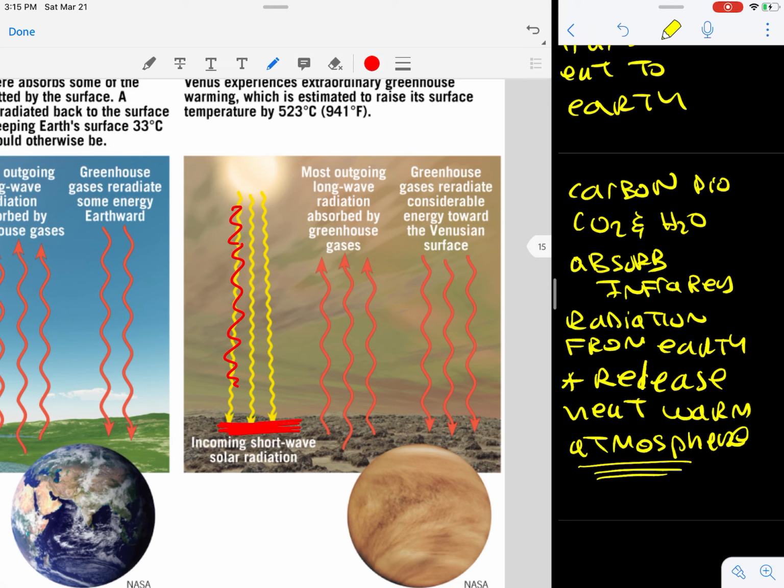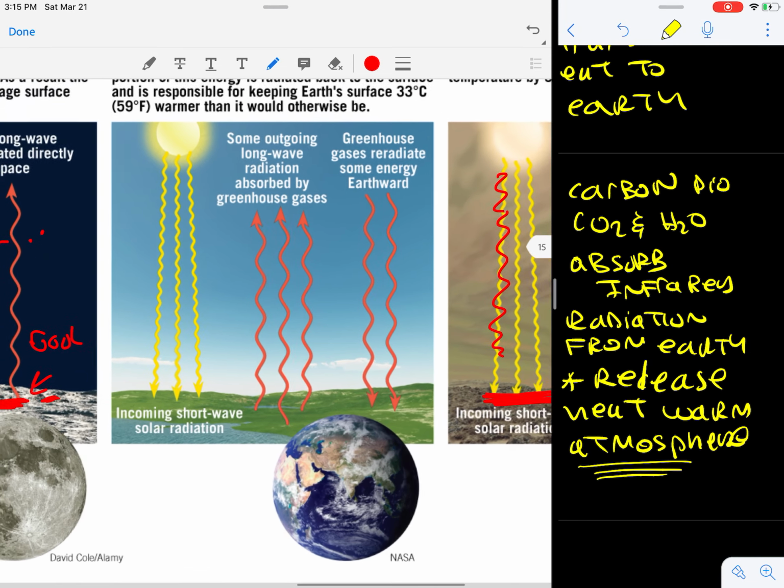But Venus's atmosphere is 97% carbon dioxide. So once the surface of Venus warms up, it's going to emit infrared. And here, since there's so much carbon dioxide, the atmosphere is going to trap all or most of the heat from the infrared, and that's going to make Venus very hot, so that Venus is actually almost 1,000 degrees Fahrenheit, night and day, all year round.